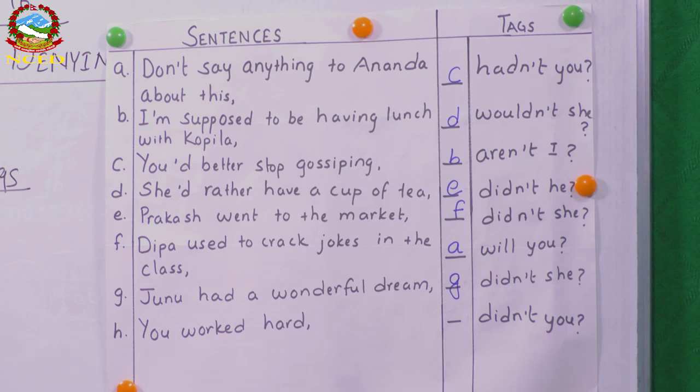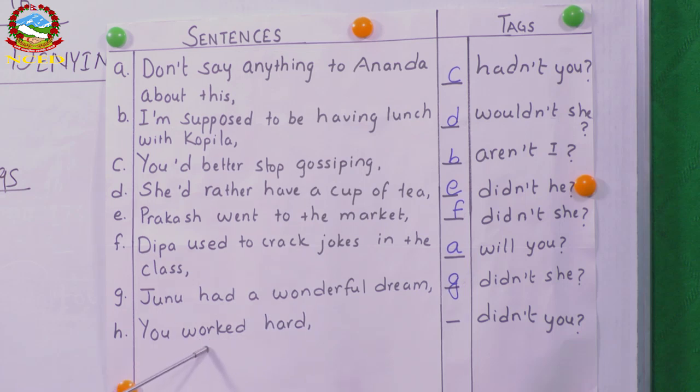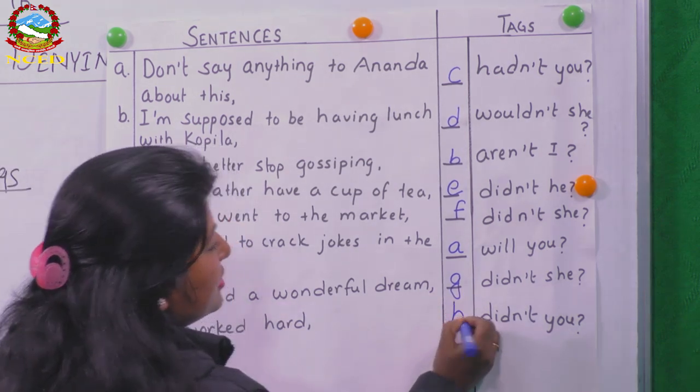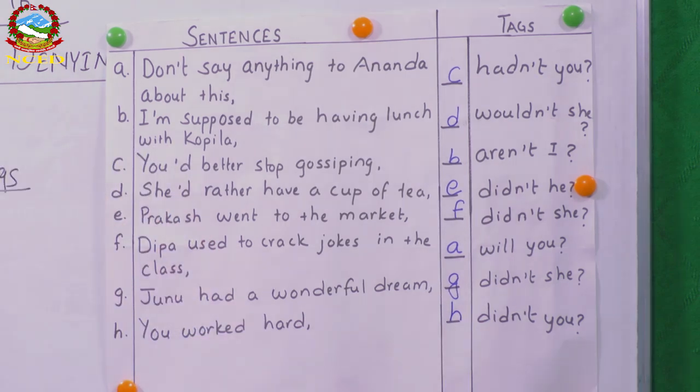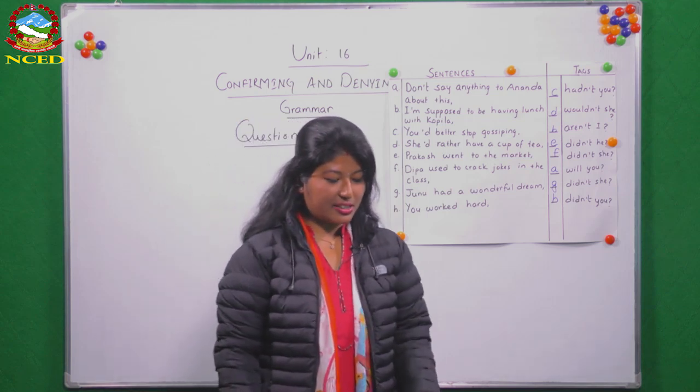So the last one is you worked hard. What is the answer? Worked, past main verb, past form did, and negative is didn't. You as it is, so you. This is the answer. I hope you have done the exercise and your answers are right, correct.